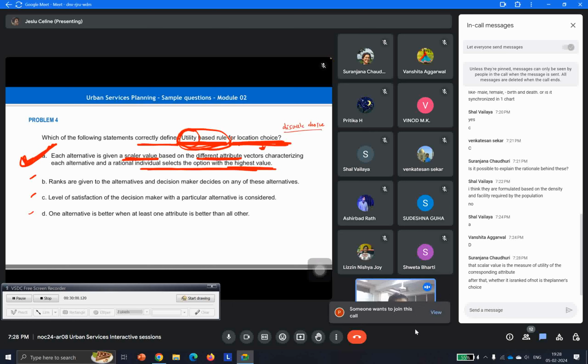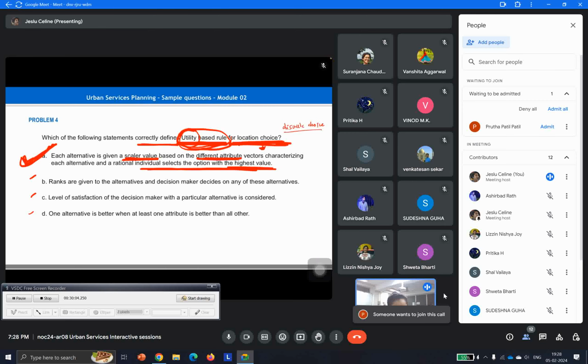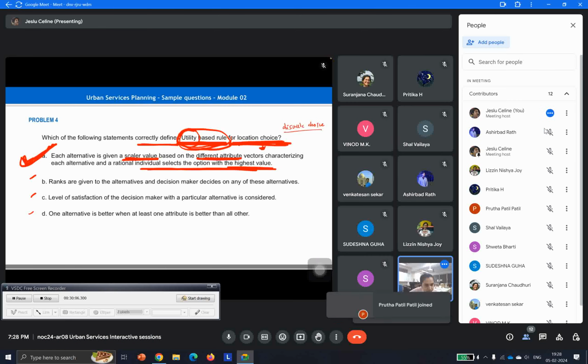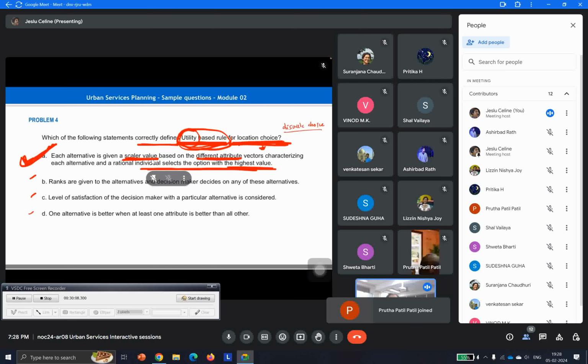After that, whether it's ranked or not is the planner's choice. Yes, correct. We are mainly talking about the scalar value. So over here, in the utility based rule, we just take the one with the highest utility. That's it. Now here, the second one, B, we are talking about ranks for each alternative decision.